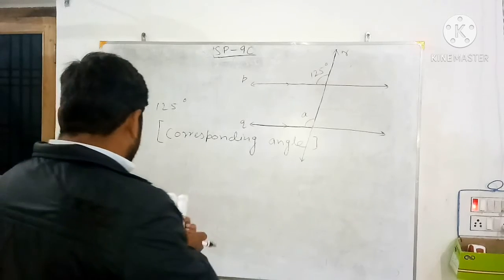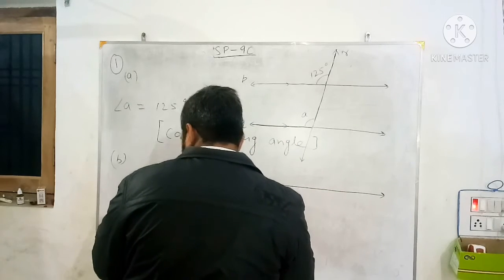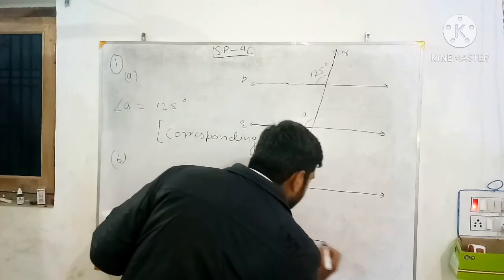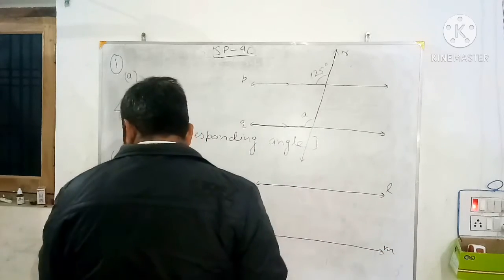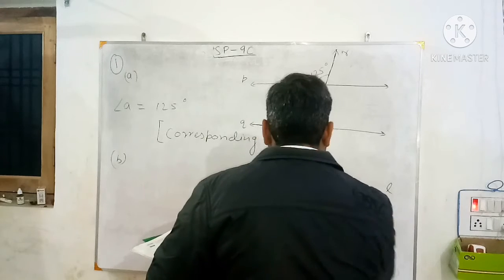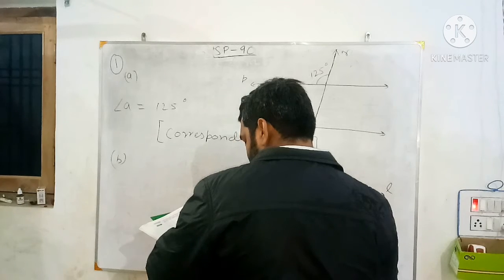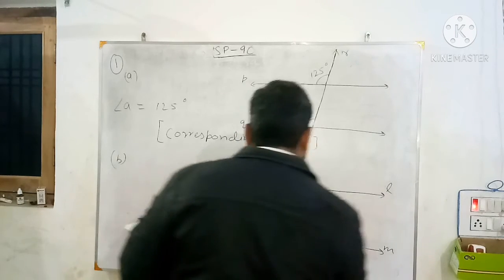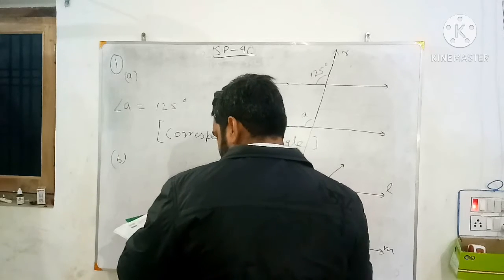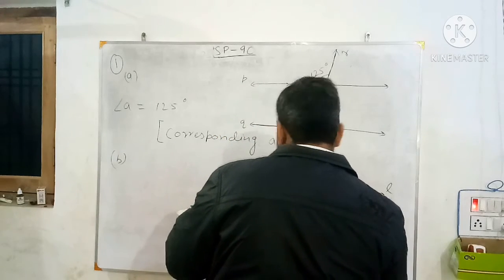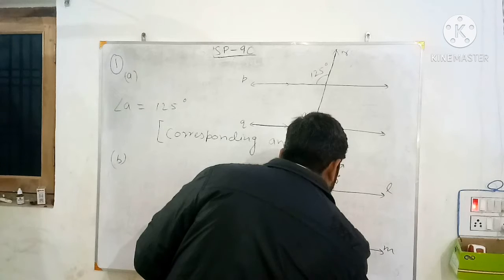In B you see two parallel lines, line L and line M. The angles are 50 and 40.